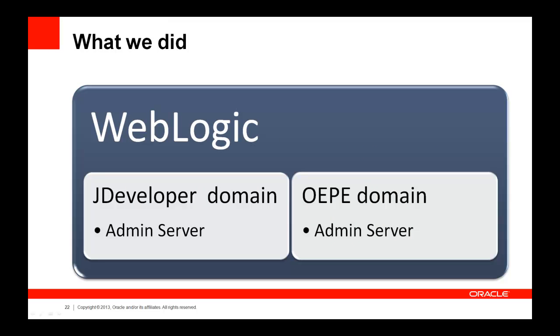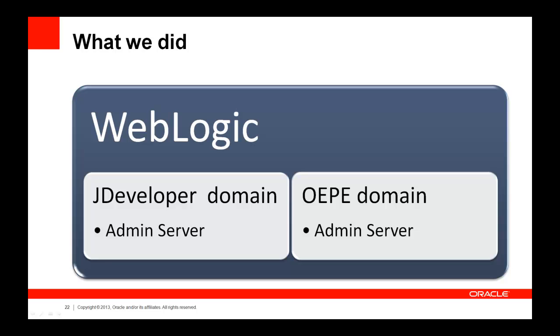With what we know now, we can better understand what we did today. First, we installed binaries for WebLogic Server and the ADF runtime. Then, we created two domains, one for JDeveloper and one for OEPE. In each domain, the admin server was created automatically.